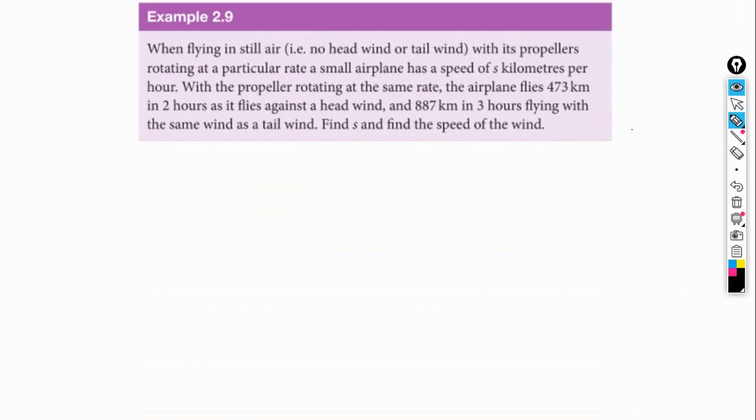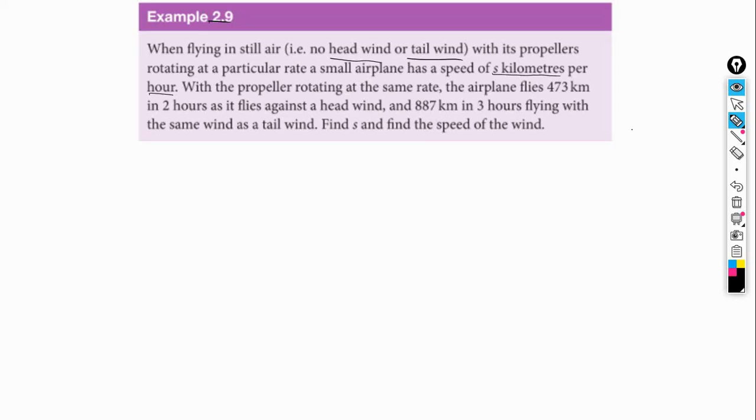So this is example 2.9, which will be the last one on this video. And it says, when flying in still air, i.e. no headwind or tailwind, with its propellers rotating at a particular rate, a small airplane has a speed of s kilometers per hour.